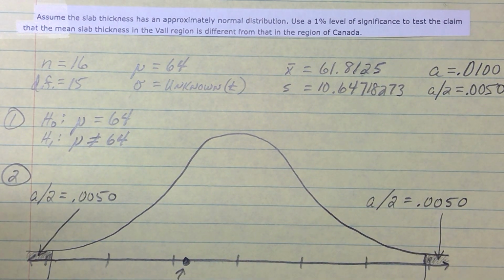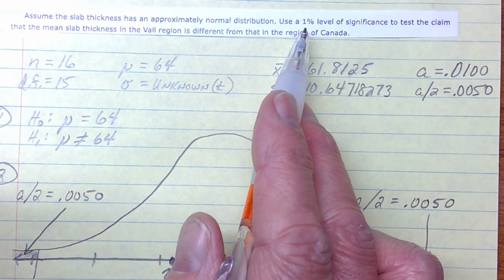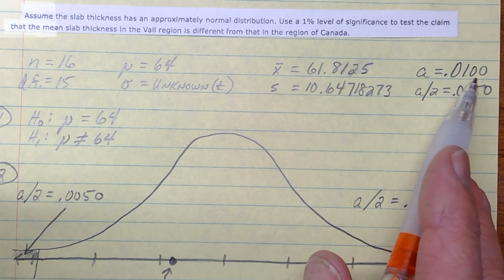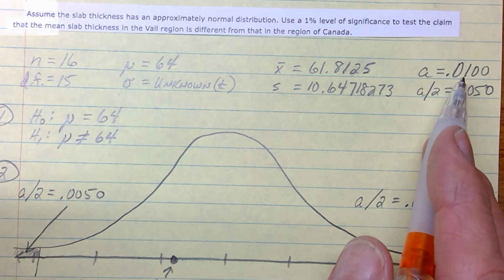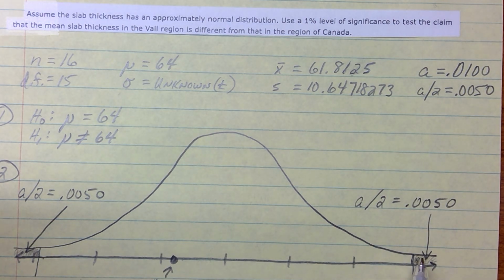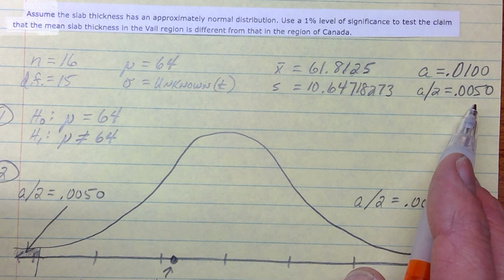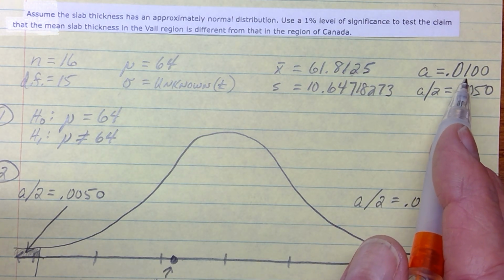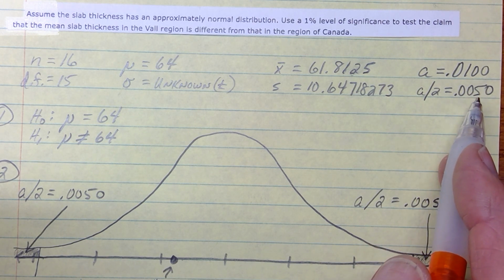All right, draw your pictures. Now remember, they said 1% level of significance. That's going to be tiny. So this is going to be a two-tailed test with only 1% of the curve shaded. Now remember, I want to split it in half. So half of 1% is a half of a percent. Think of it as 100: half of 100 is 50, so it makes sense.